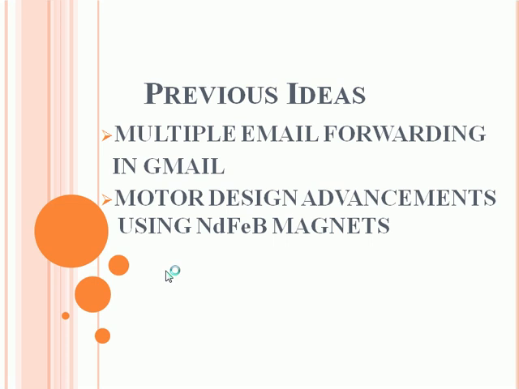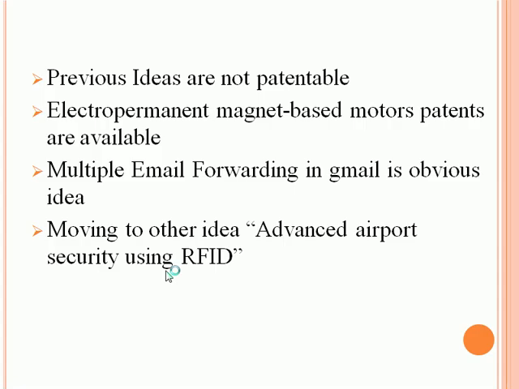Hi, good afternoon. Last week I presented some of my ideas: multiple email forwarding in Gmail and motor design advancement using neodymium iron magnets. I did a lot of patent searches for these two, and for electropermanent magnet based motors, a lot of patents are available in Google Patents.